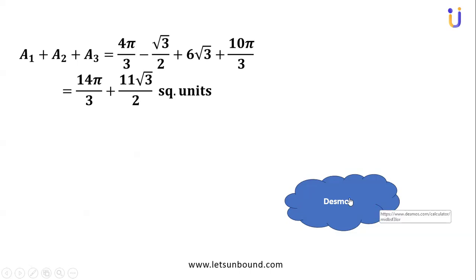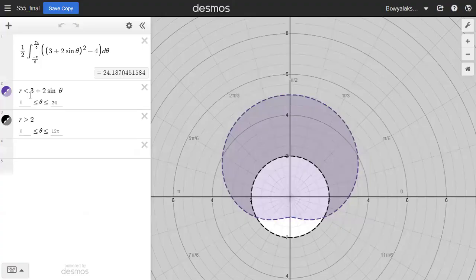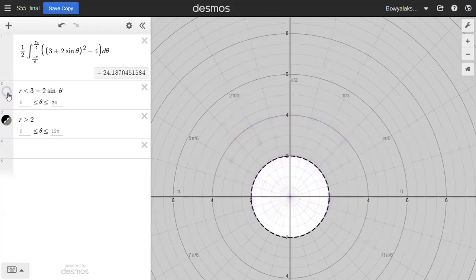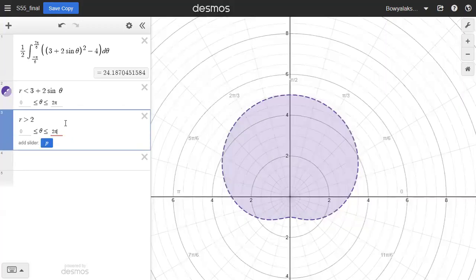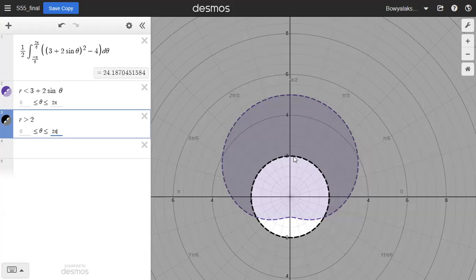So using Desmos, let me give you a quick look. This is my first curve, r less than 3 plus 2 sine theta, and r greater than the other curve, and we are solving for 0 to 2 pi. So we got this gray shaded region. That's what we need to work out.